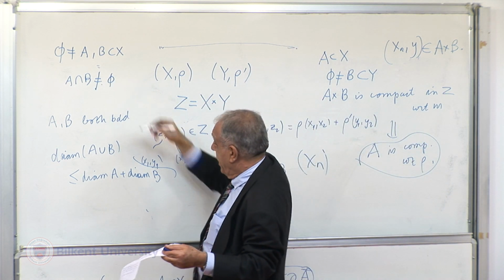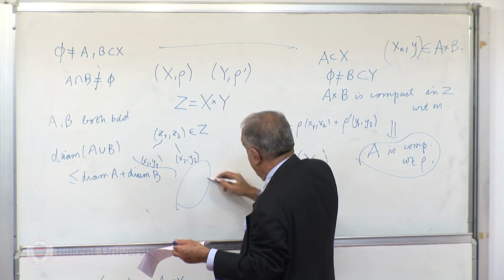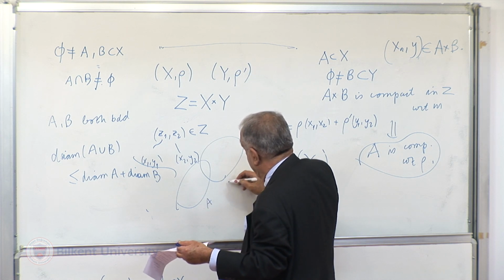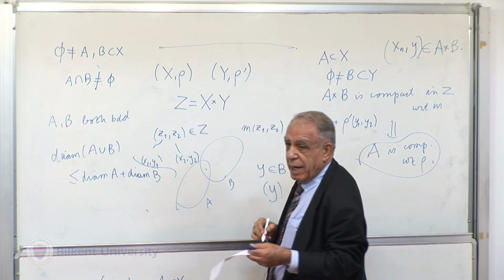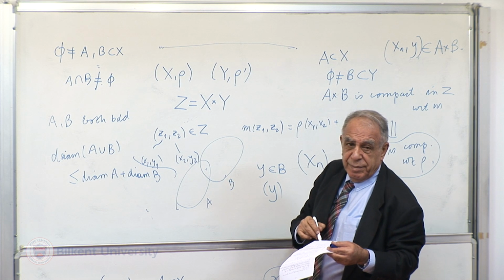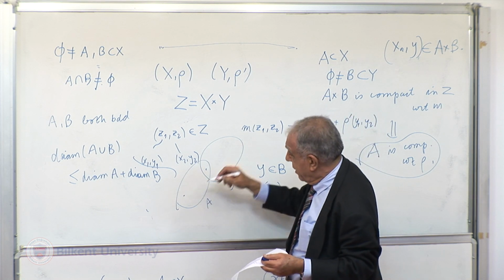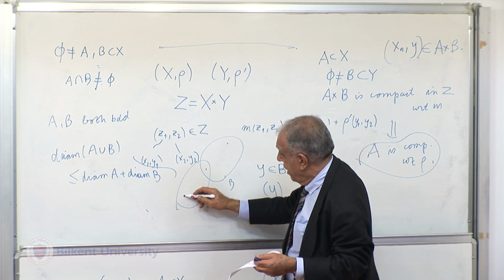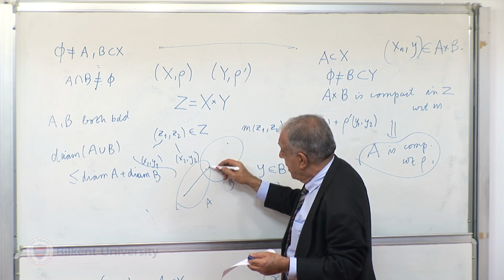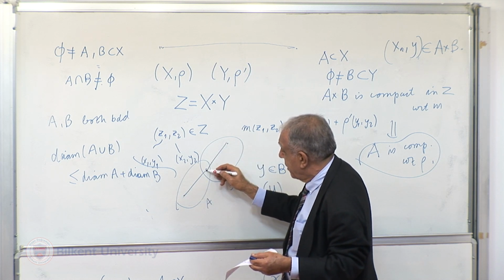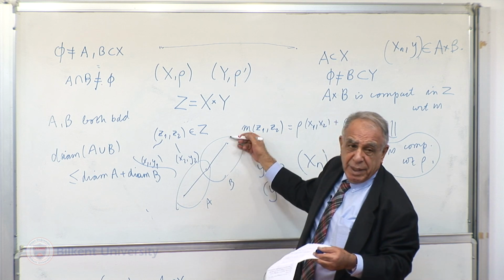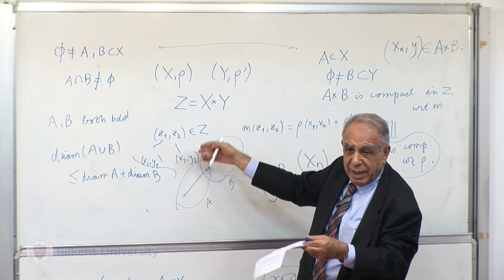Now here the idea is, if A and B have a non-empty intersection, then the distance from here to here will be less than or equal to the distance from here to here and from here to here. So that's the whole idea.